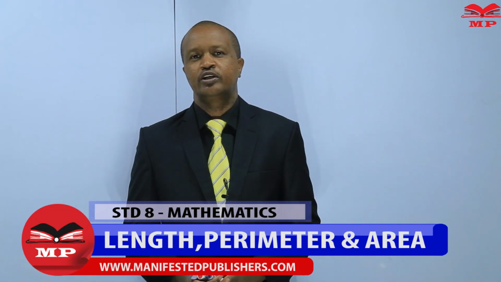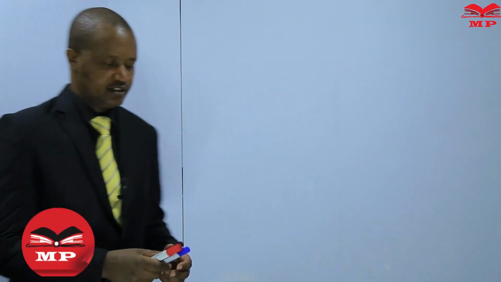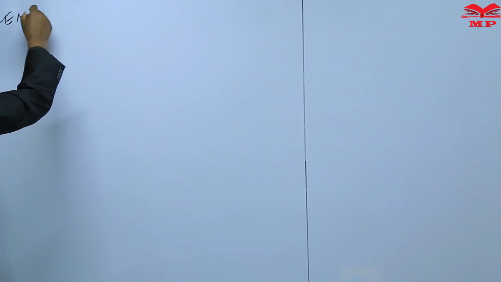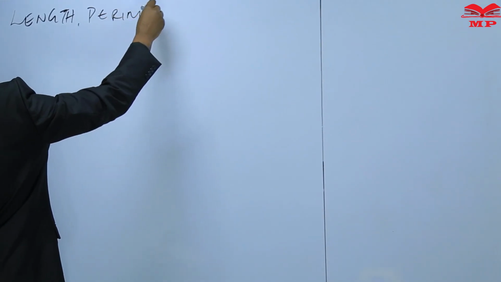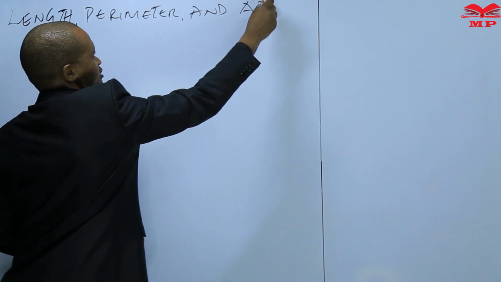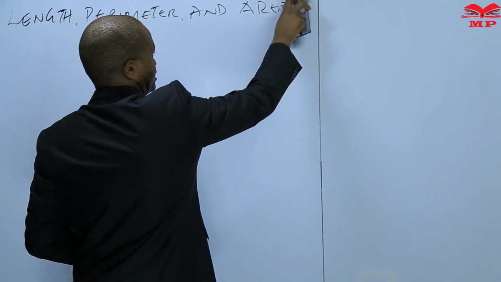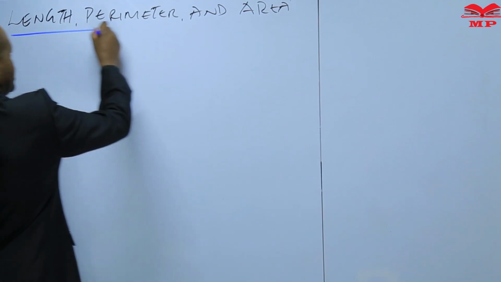We are going to begin on a new unit, which is length, perimeter and area. Our new unit today is length, perimeter and area. So candidates or learners, I hope you are ready.